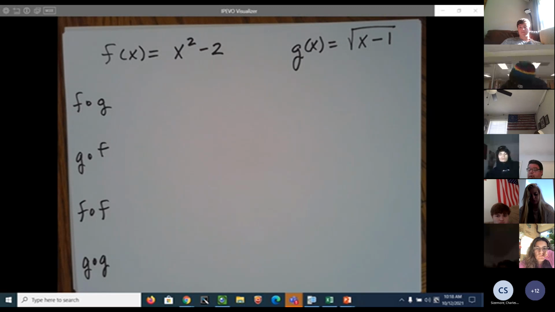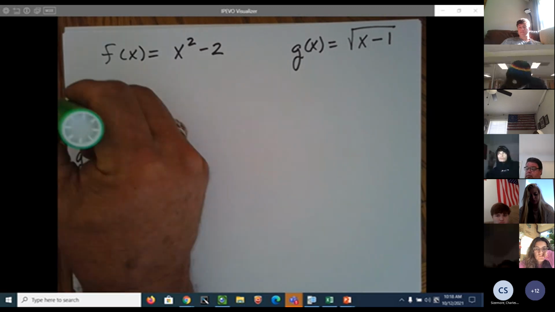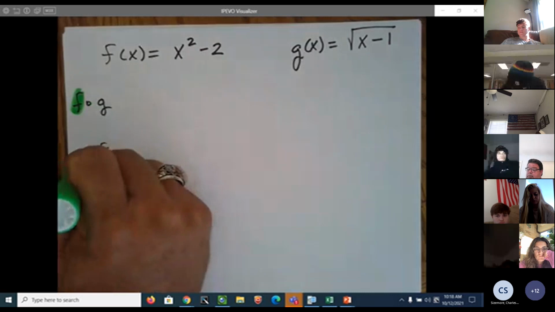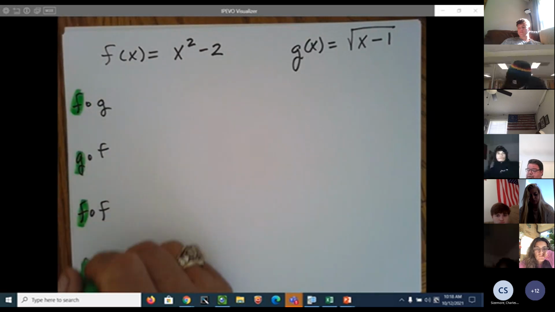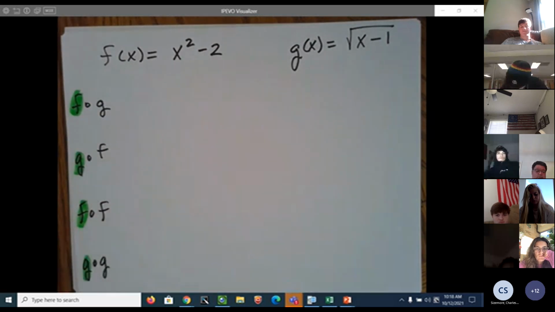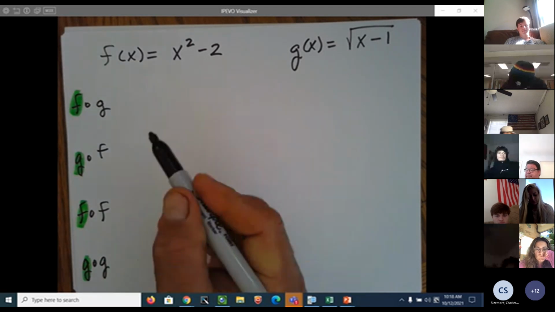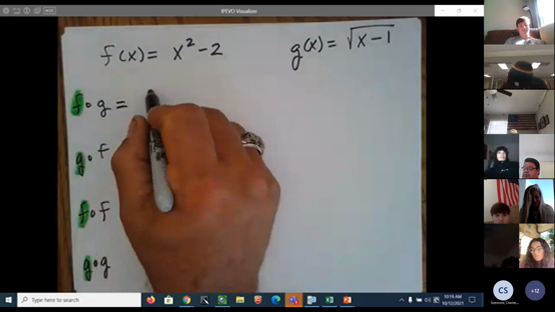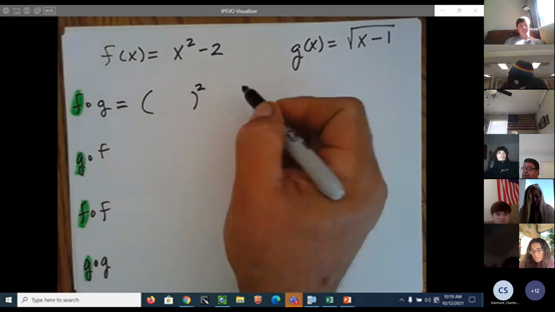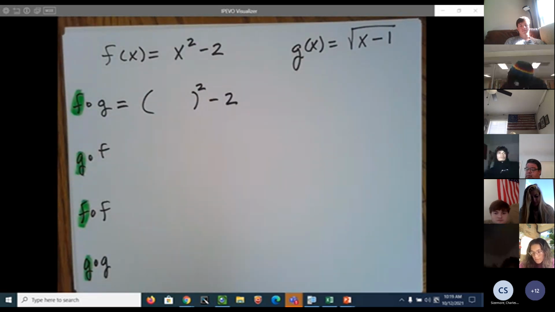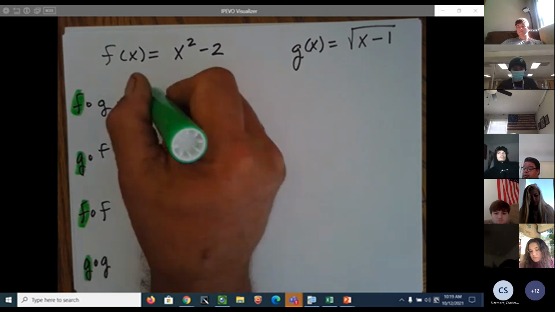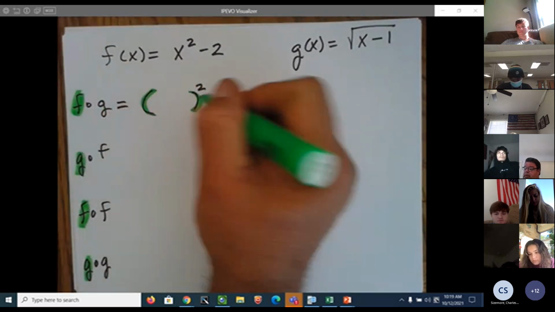Okay, so I'm going to rewrite all of these with a big set of parentheses. So that means F, I'm going to rewrite with a big set of parentheses, and I'm going to color them green.